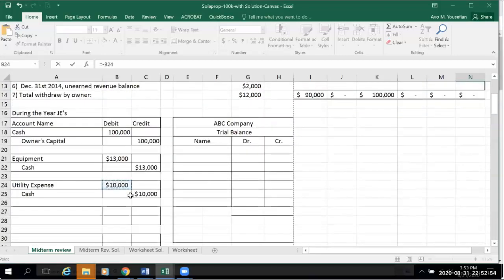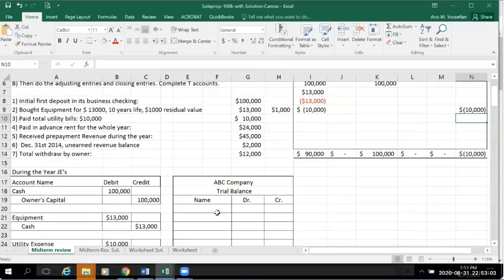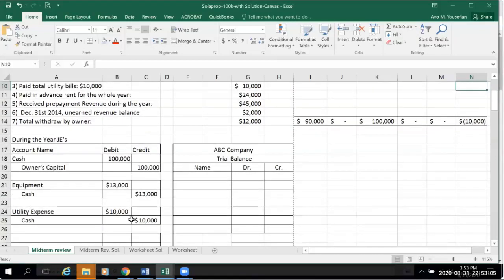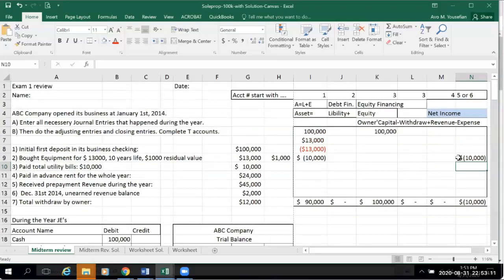So expense will increase, and it will have a negative effect on your equity.